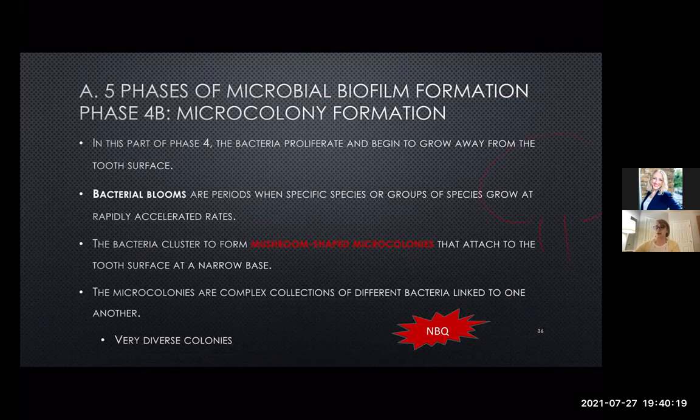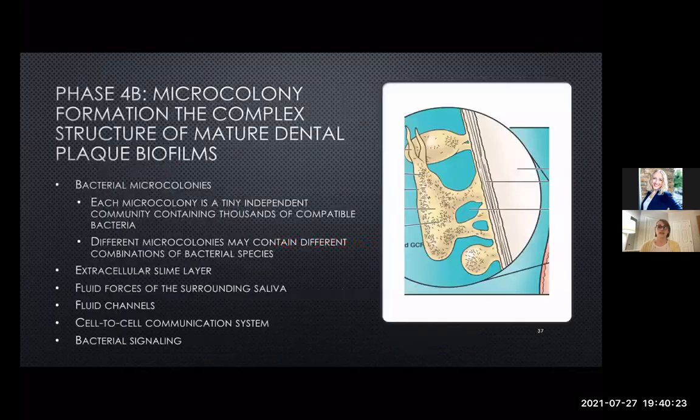And we have lots of bacteria up in here. And then finally, we get to, well, not quite, I guess, but in stage 4, there's lots of different things going on. So each microcolony is a tiny independent community. It's got thousands of bacteria within it.